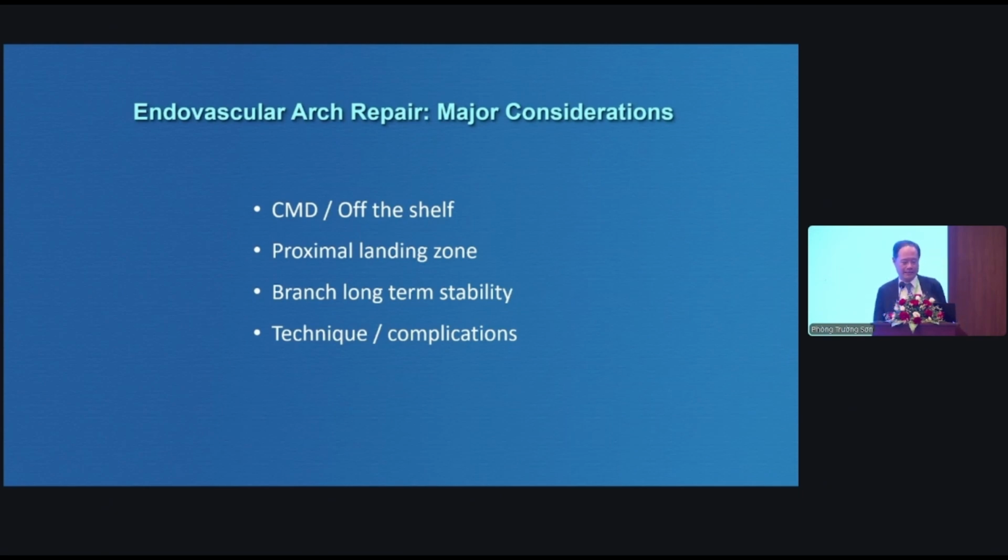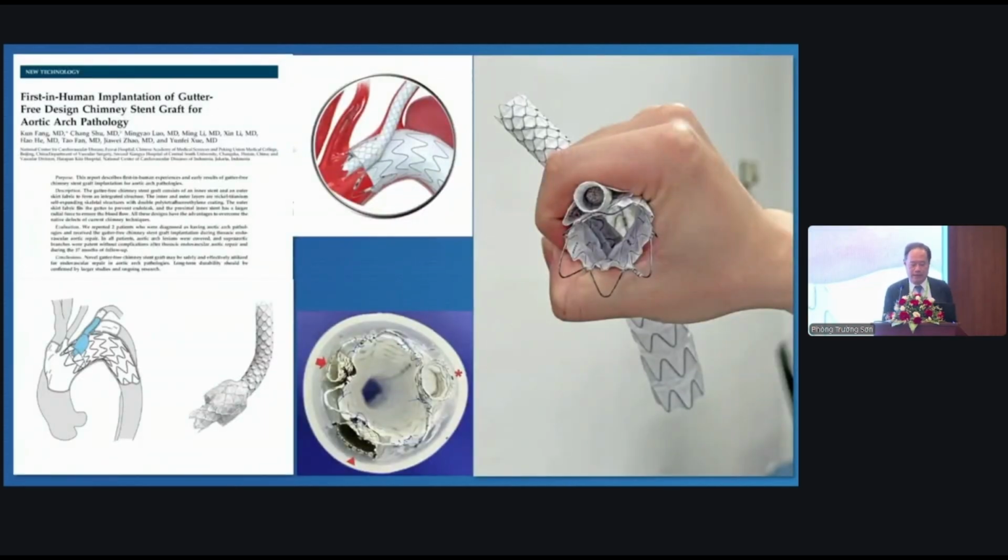Thirdly, you have to consider long-term branch stability. This is not something that a lot of people put attention to, but I do believe that long-term certain branches may have problems, and the patient will have long-term issues and secondary interventions. And of course, finally, the ease of use of the technique and whether it is widely available, whether it can be used to train younger surgeons.